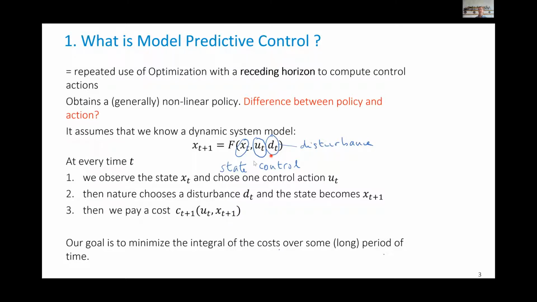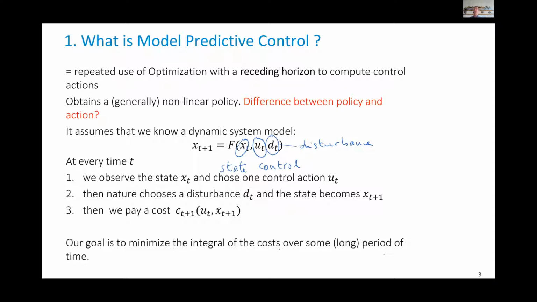So the idea of model predictive control is based on those 3 steps. We do it at repeated times. So at every time t, time is discrete. How often do we do it? It depends on the inertia of the system that we're controlling.